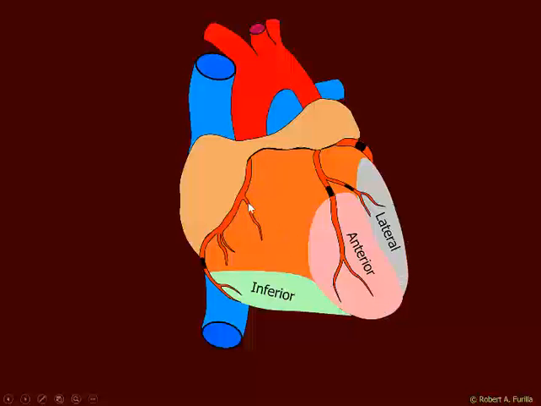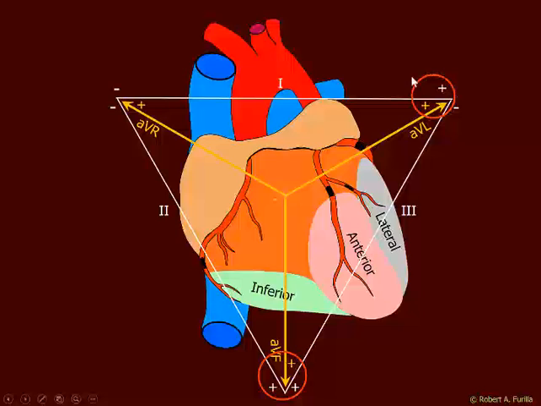If we put these all together, we see the inferior region, anterior region, and the lateral region, and I've left off the septal region, which would come in approximately here. Let me put the Einthoven triangle with the augmented leads on top. The superior leads, located on the left shoulder or left arm, 1 and AVL, the positive electrodes of these superior leads are looking at the lateral surface.